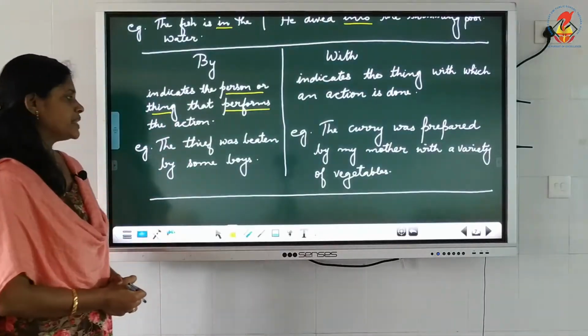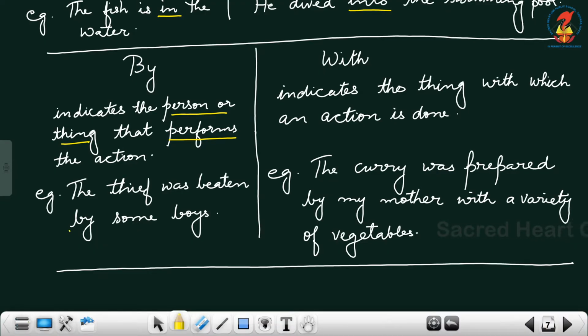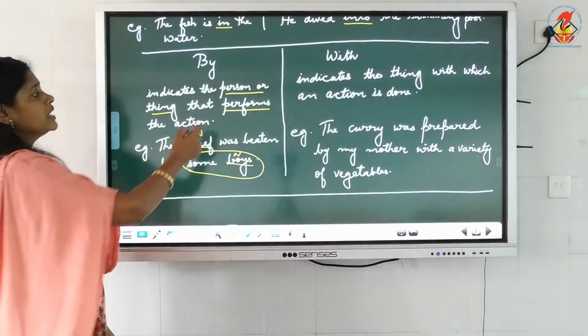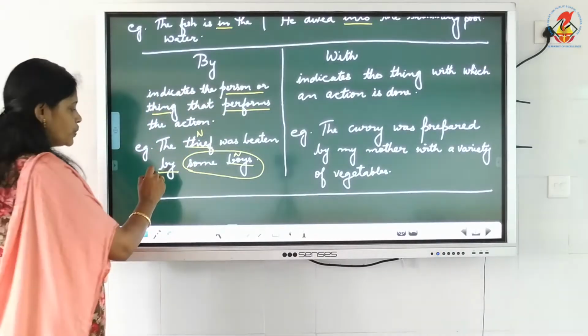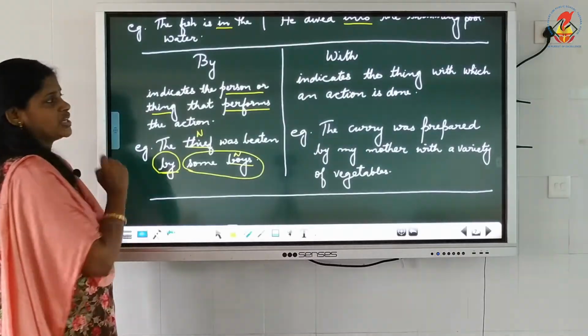Let's see one example. The thief was beaten by some boys. Who did the action? Some boys. Boys are the noun here, and thief is also a noun. So this thief was beaten by these boys. So by refers to the person or the thing who is performing the action. So the word by is the preposition here.